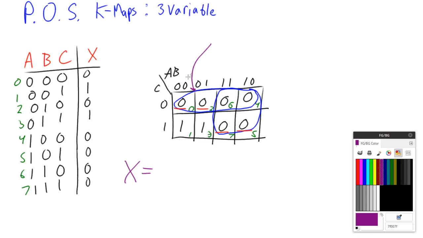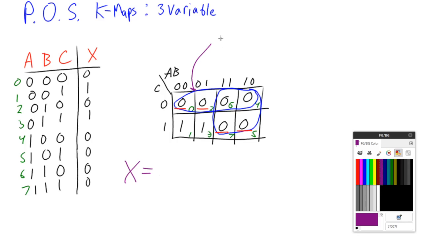Just like how we represent our canonical product of sums functions, if the variable is a 0 for that state, we do not knot it. We only knot it if it's a 1.